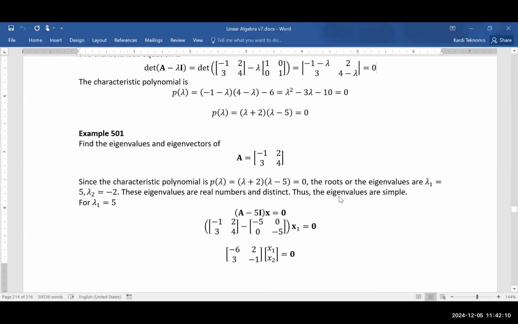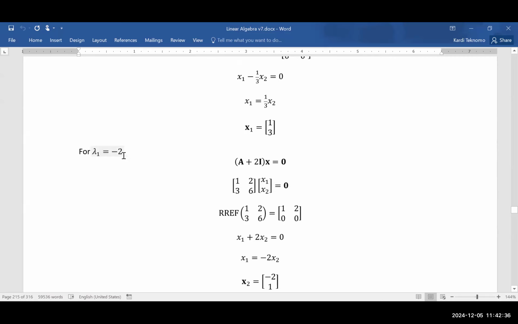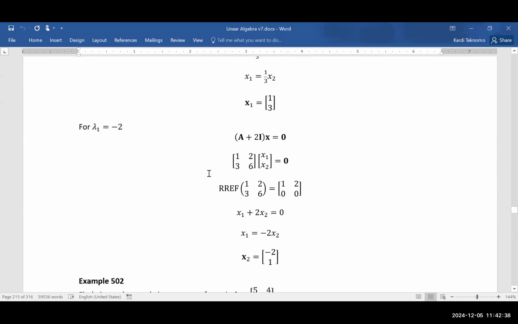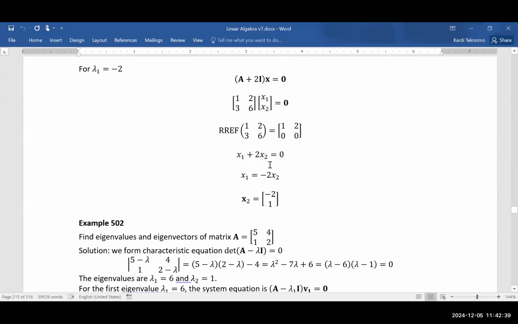You can solve this using RREF. I'm solving this using RREF to get x1, and for lambda 2 equal to minus 2, I solve using RREF and I get this second eigenvector.